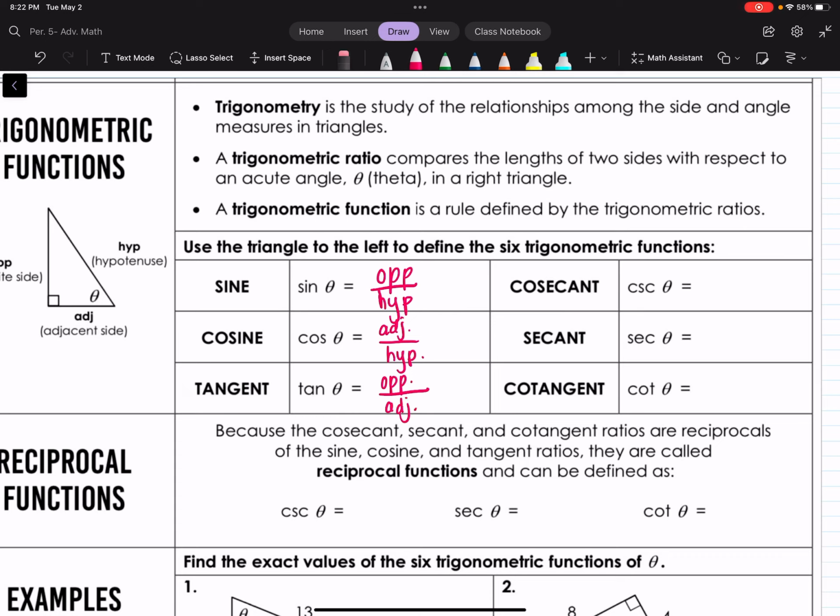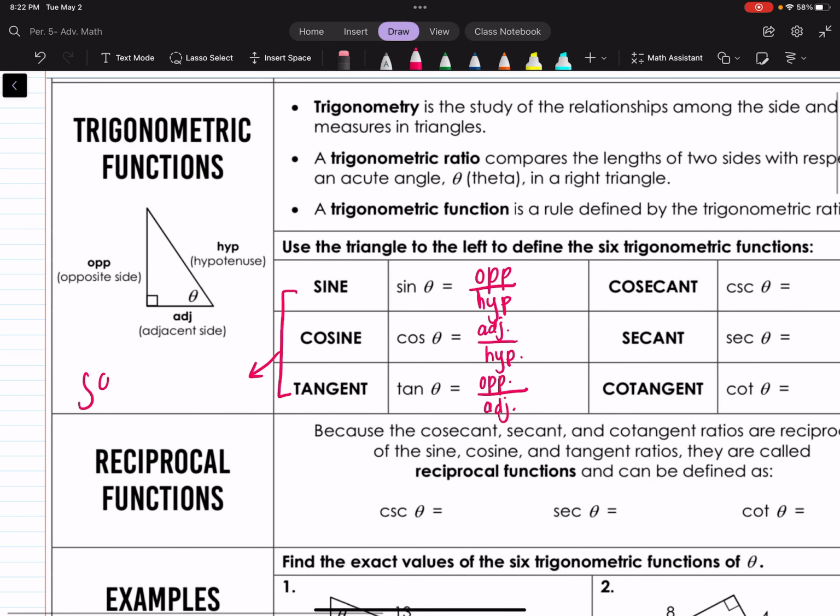For sine, cosine, and tangent, they have come up with the very handy dandy acronym SOH CAH TOA, which I know that you all have heard before. So the sine is opposite over hypotenuse. The cosine is adjacent over hypotenuse. And then the tangent of theta would be opposite over adjacent.